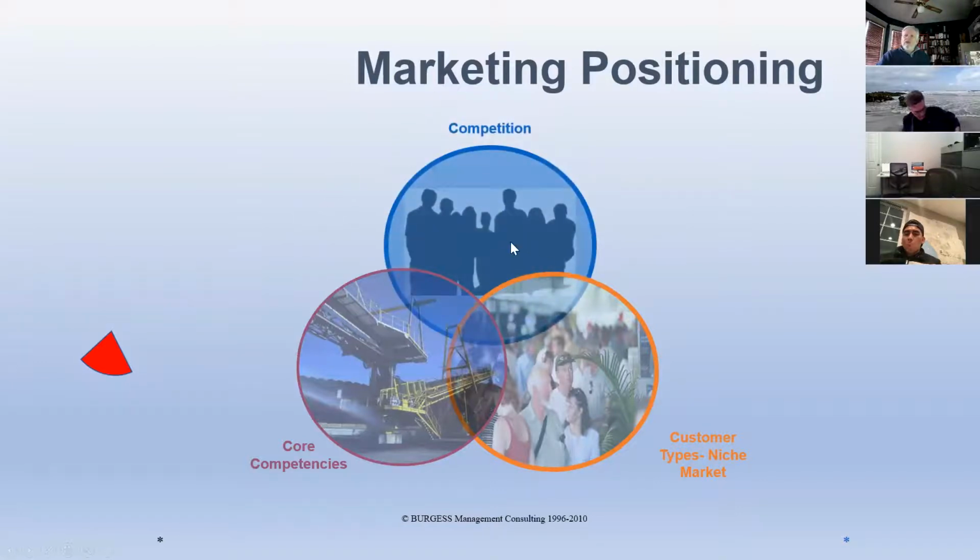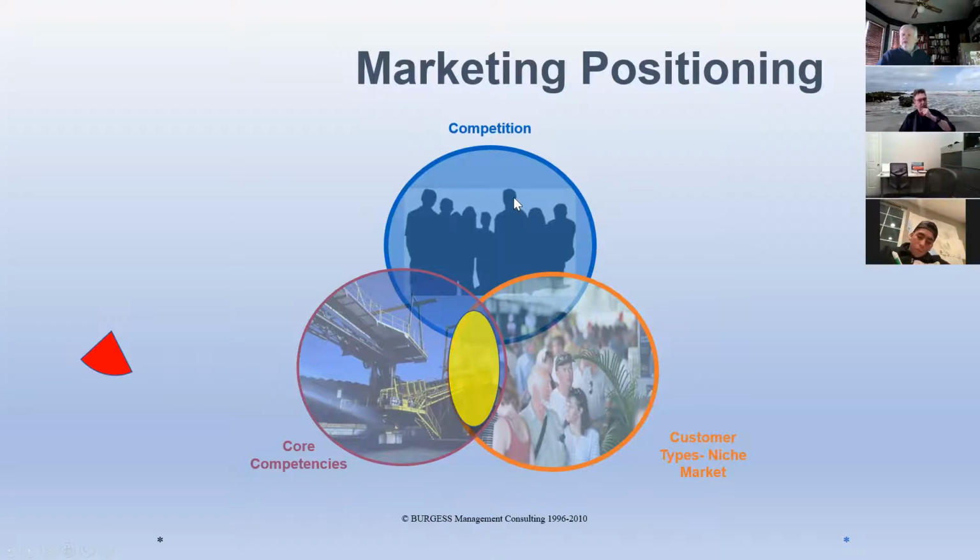So then the third one is the competition. When we take a look at this space, think of this as an actual market niche. You have certain competencies. Part of those competencies will overlap with your customers. And this area right here is the area where you're going to be able to satisfy your customer need.